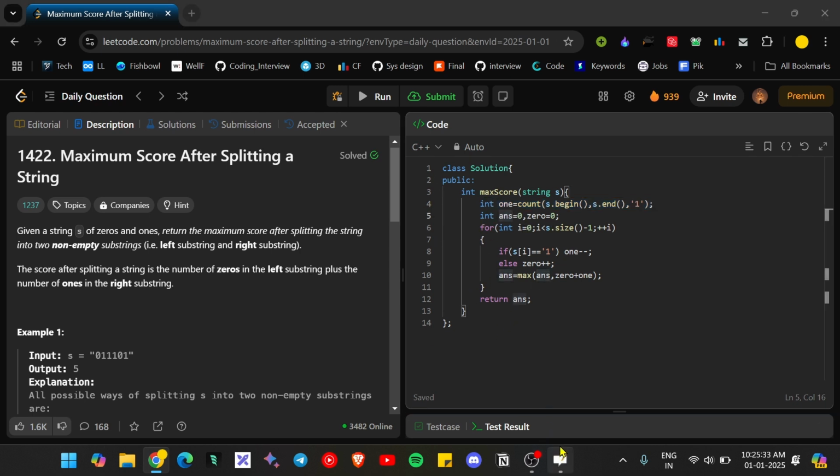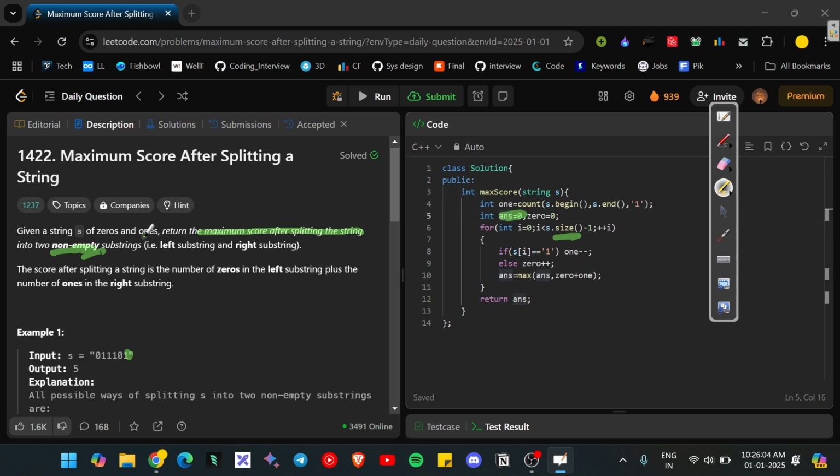Then we perform a for loop up to n minus 1, so that at least one element remains on the right side, because both sides must be non-empty after splitting.